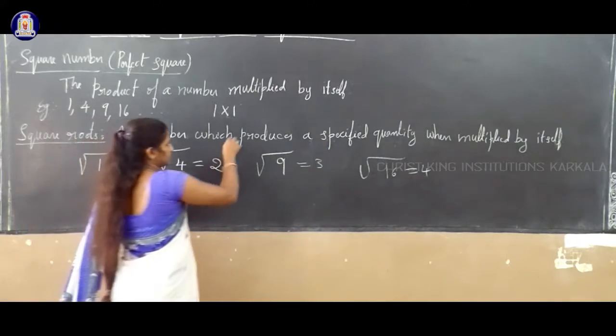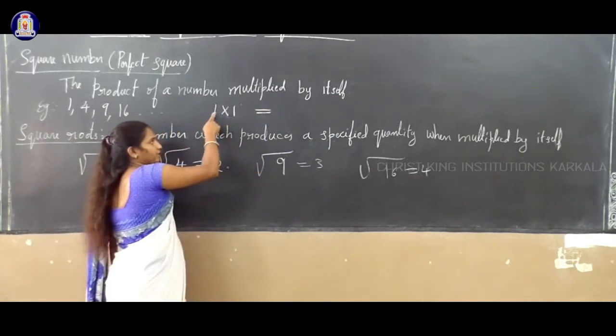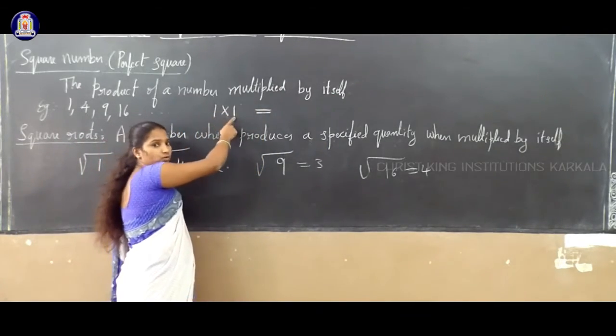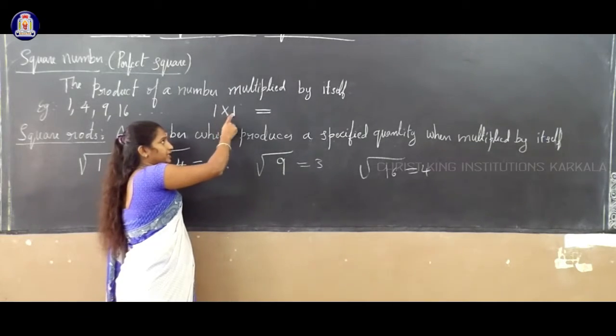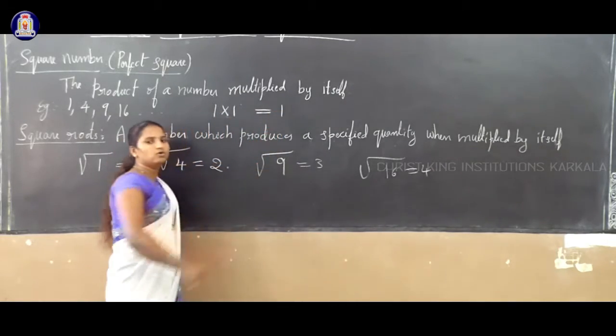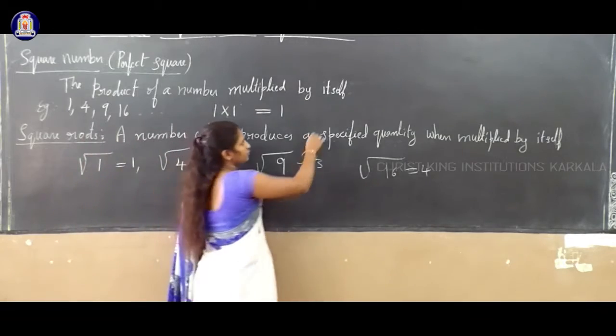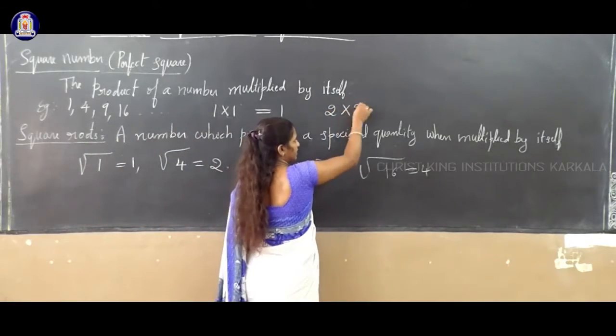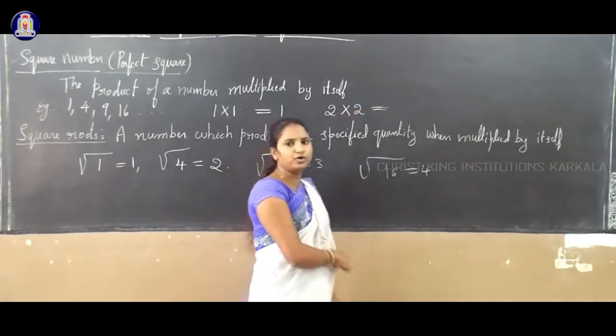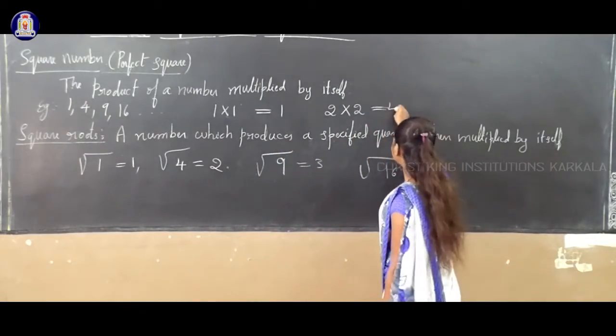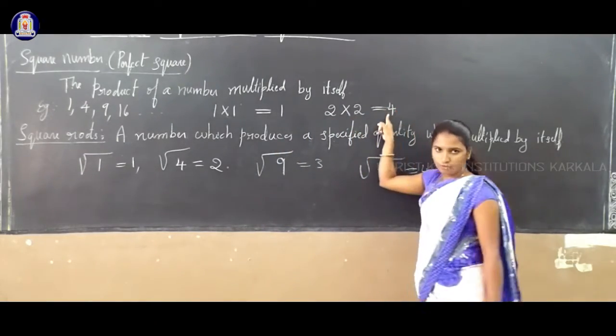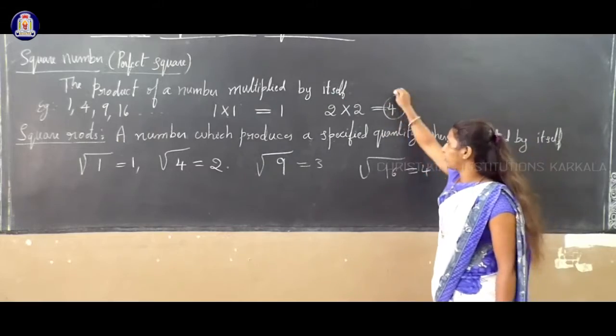We get one product. Say if you multiply 1 into 1, the same number multiplied, the product will be 1. Clear? So next if you multiply the same number, 2 into 2, that is 4. Now we can say this 4 is a perfect square.